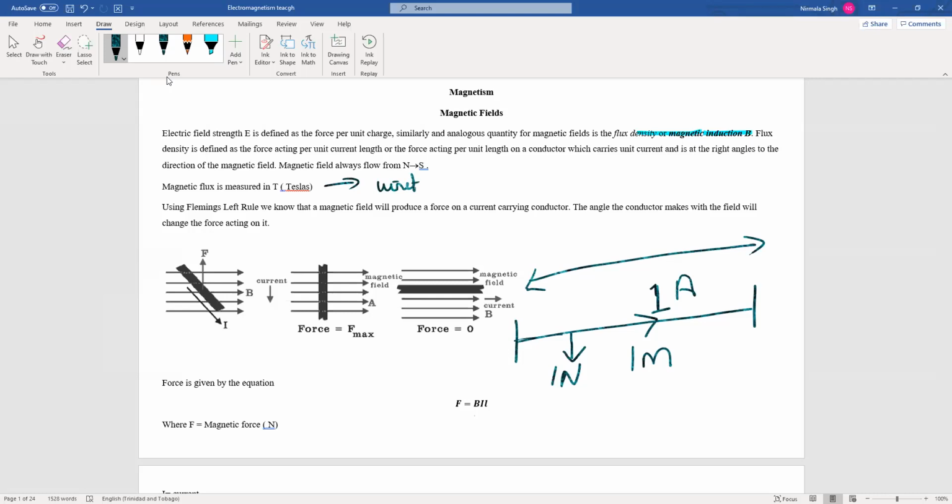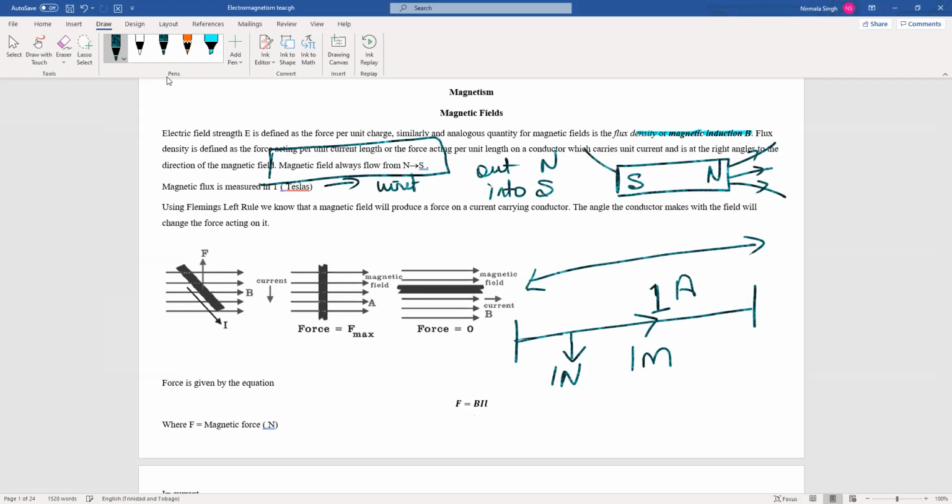Please note when you work out your magnetic fields, you always move out of the north and into the south. You always have to remember that when we have our magnetic fields, that direction is extremely important when we have to work out our questions and our directions. We have to remember the exact directions of current that magnetism flows in.